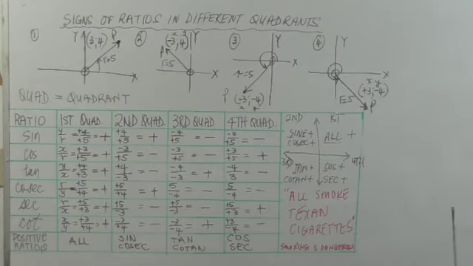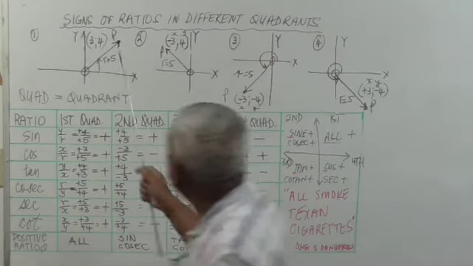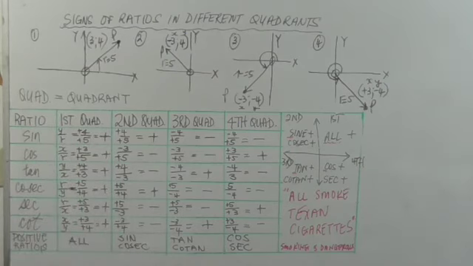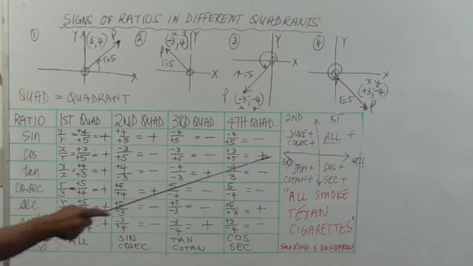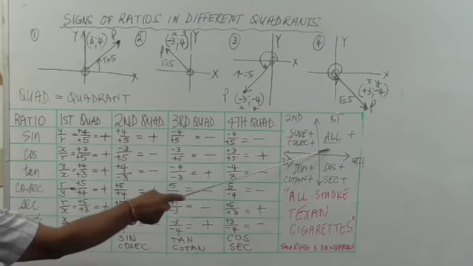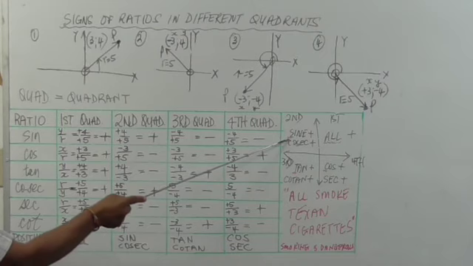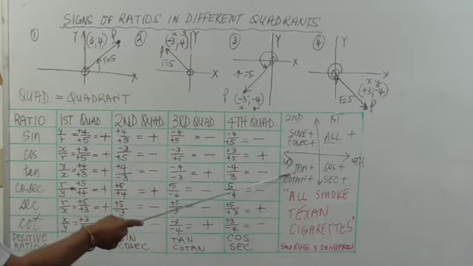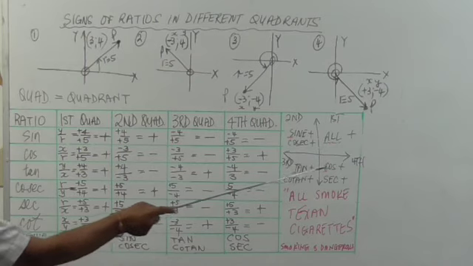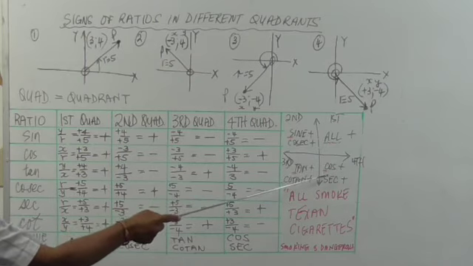Alright, so with that, we hope you enjoyed doing this exercise, finding the ratios in the different quadrants, and coming to the final summary that in the first quadrant, all is positive. In the second quadrant, sine and cosec. In the third quadrant, tan and cotan. In the fourth quadrant, cos and sec.